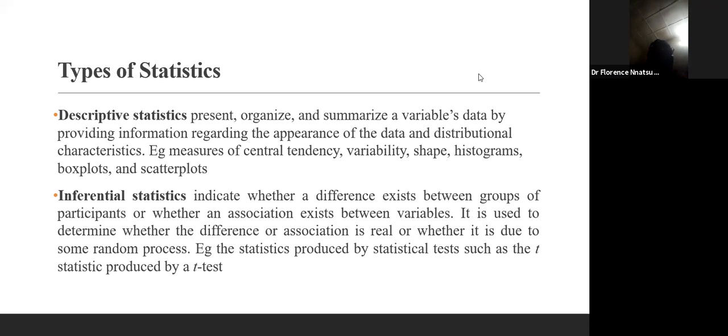Then inference statistics indicate whether differences exist between groups of participants or whether an association exists between variables. It is used to determine whether the difference or association is real or whether it is due to some random process. The statistics are produced by statistical tests, such as the t statistic produced by the t-test.